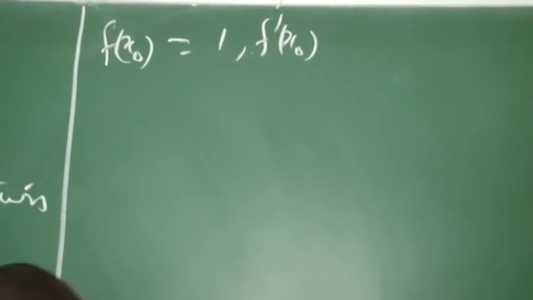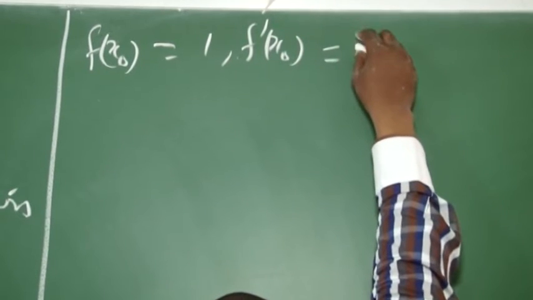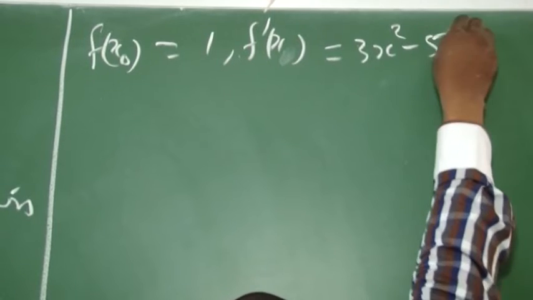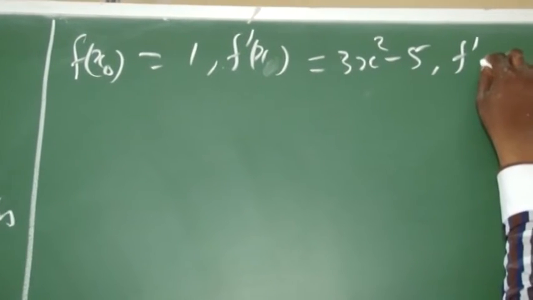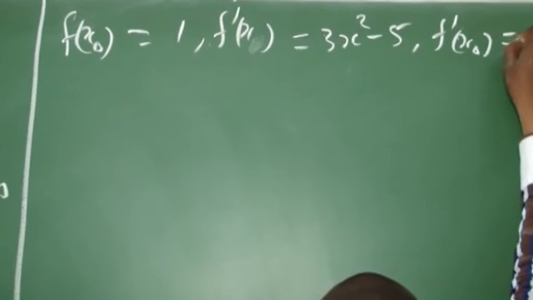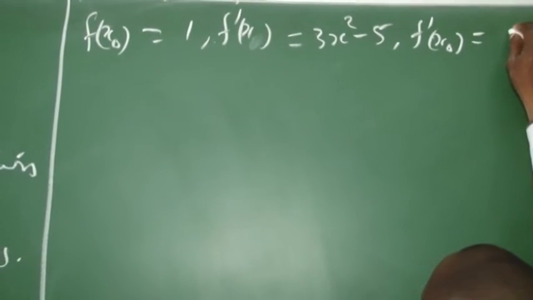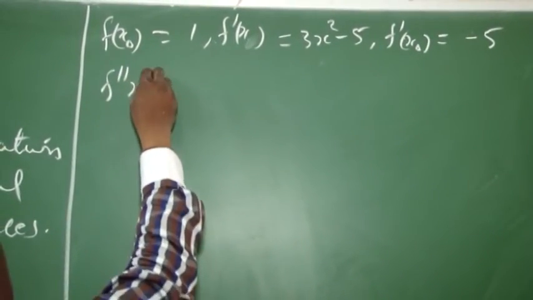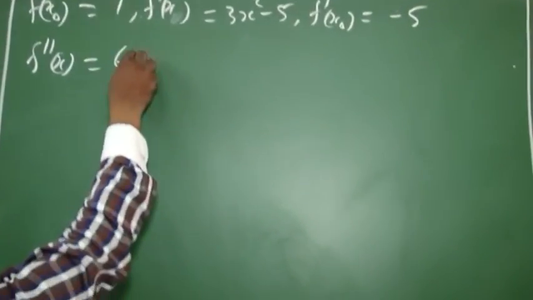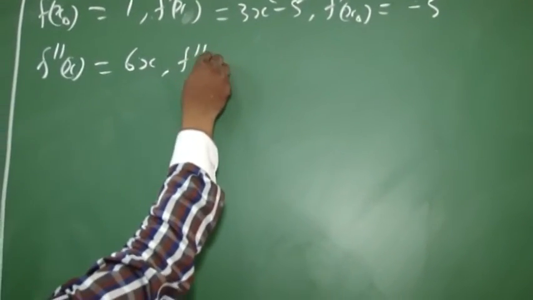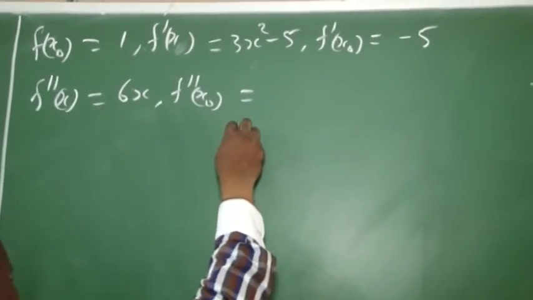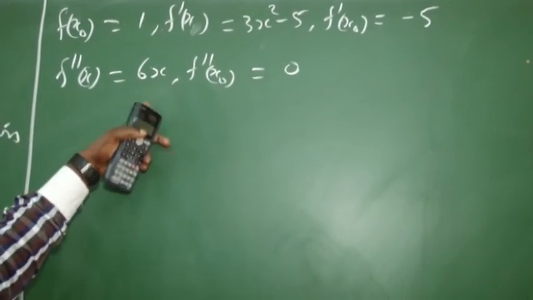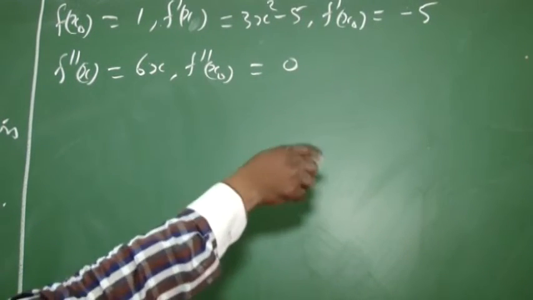That is, we are going to differentiate this to have f prime of x, which is 3x squared minus 5. So f prime of x0 equals f prime of 0, and that gives us minus 5. We also need f double prime of x, which gives us 6x, so that f double prime of x0 will give us 0, which is 6 times 0.